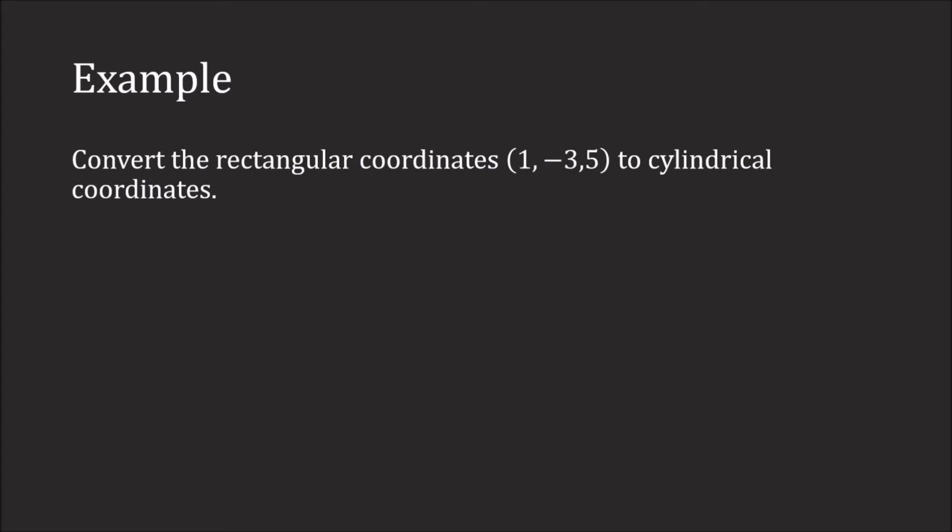Now let's convert from rectangular, 1, negative 3, 5, to cylindrical. So r squared is x squared plus y squared. So we get 1 plus 9, which is 10, and so r is the square root of 10.